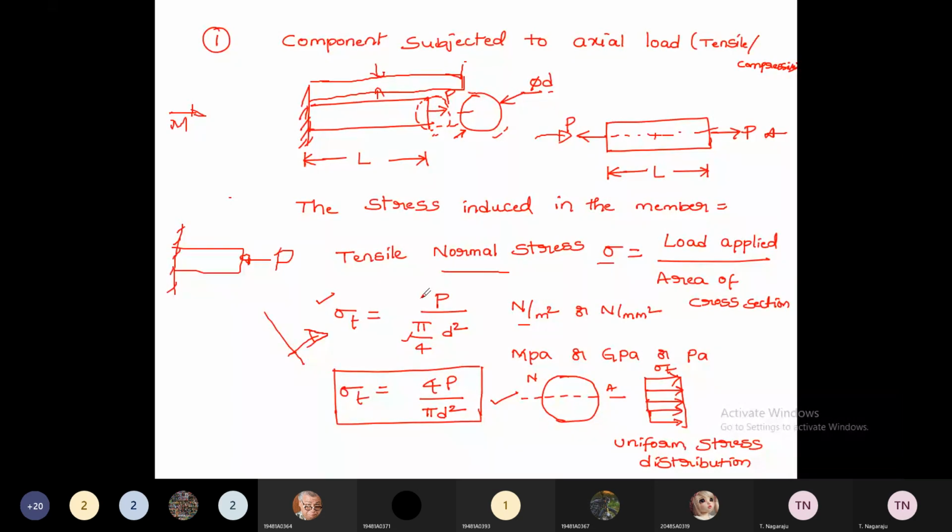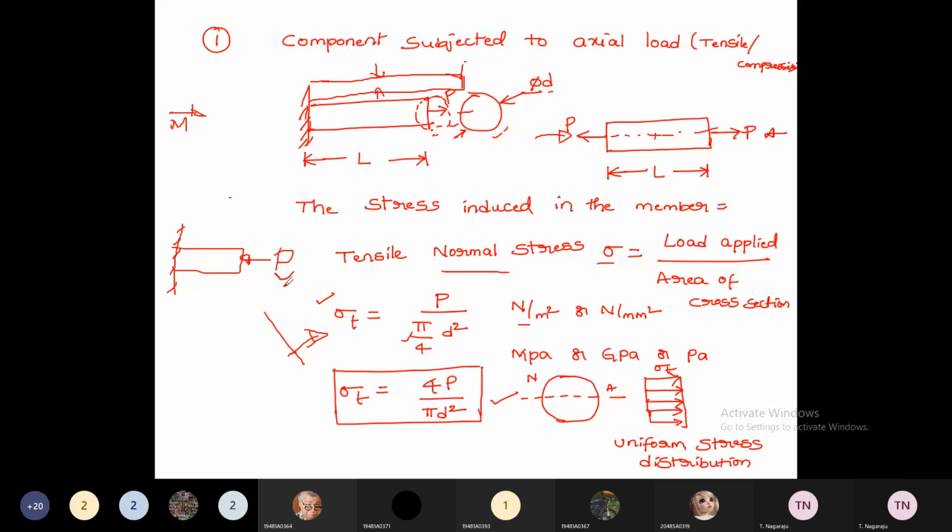And if you look at how the stress is distributed, it is a uniform stress distribution, as you may observe here. If you rewrite it, sigma t is equal to 4P divided by pi d square. Here P is constant for this problem, because we are discussing static loads. The load value is constant.